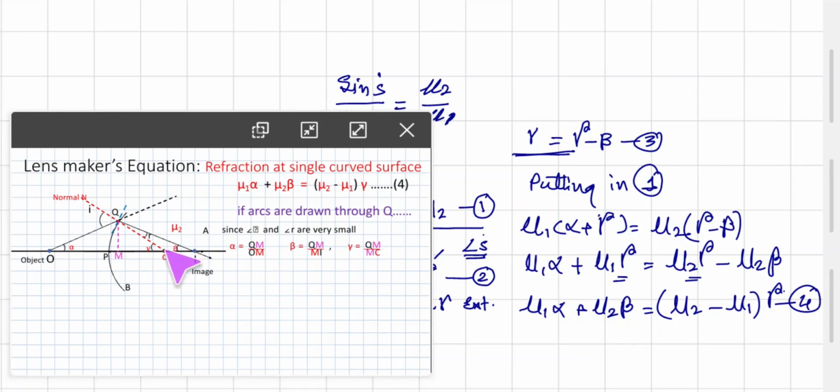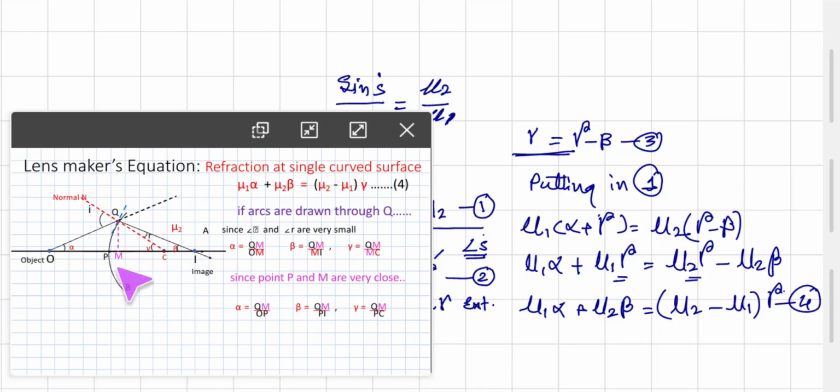This angle beta is equal to QM divided by this distance MI, and this angle gamma is equal to QM upon MC, that we can see. But now what we are going to consider is that M and P are too close, so instead of writing OM, we can simply write OP.